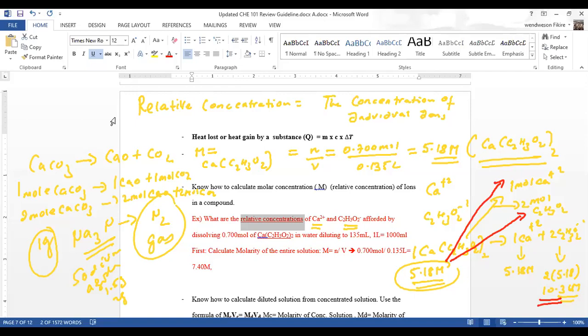If you see it, it looks like that doesn't seem right. But the relative concentration and the entire concentration are different. The entire concentration might be smaller, but the amount that they generate may be more than they have at the beginning. Sodium azide is a good example. It's just a salt.